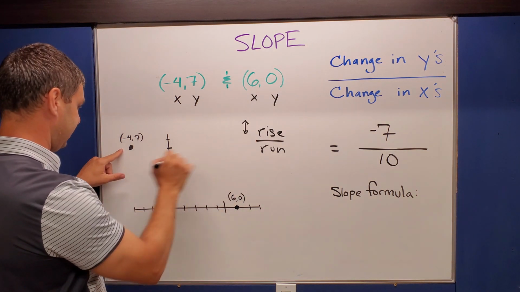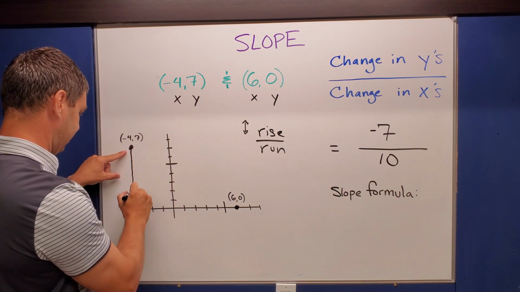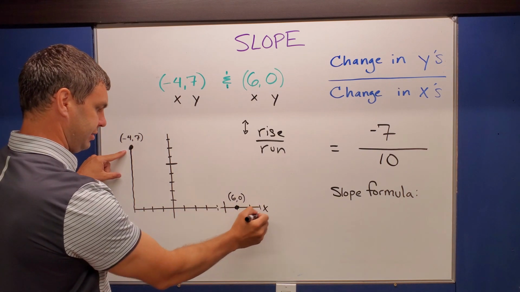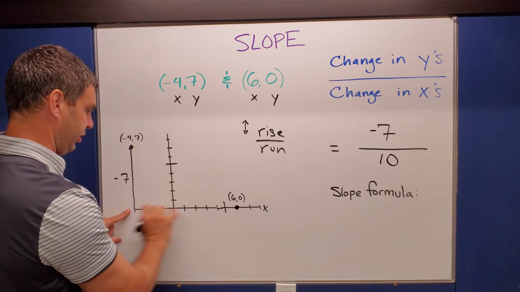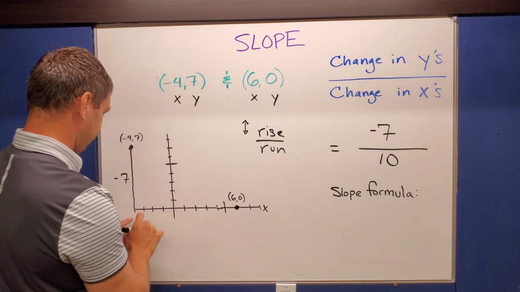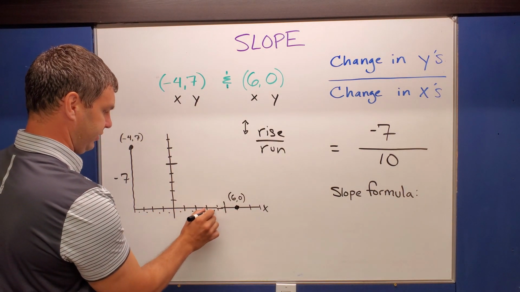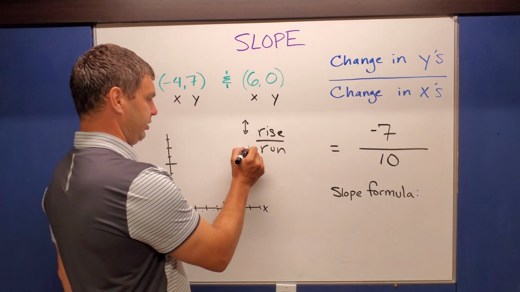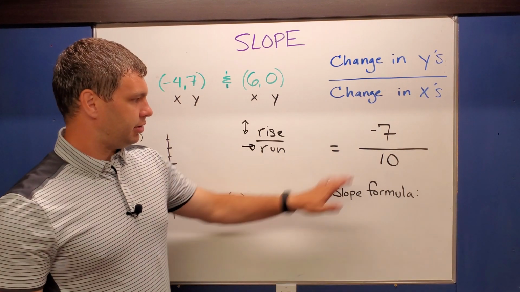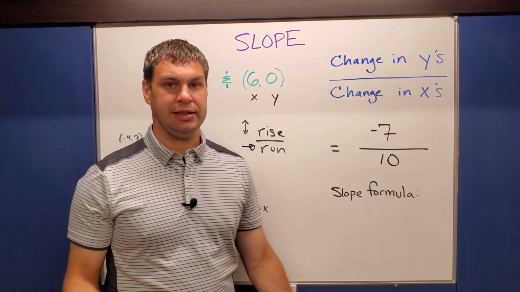How much do I rise? I rise 7, down 7, and I run, you guessed it, 10, because if I count the spaces between those lines, 1, 2, 3, 4, 5, 6, 7, 8, 9, 10. You always run to the right. So -7 over 10 is how we got that.